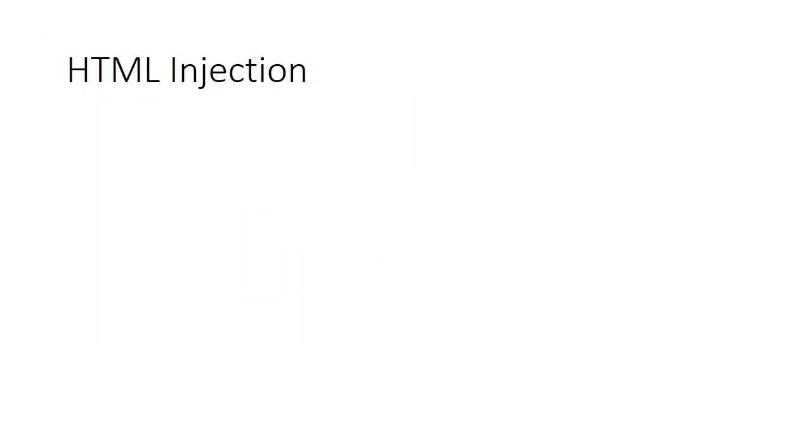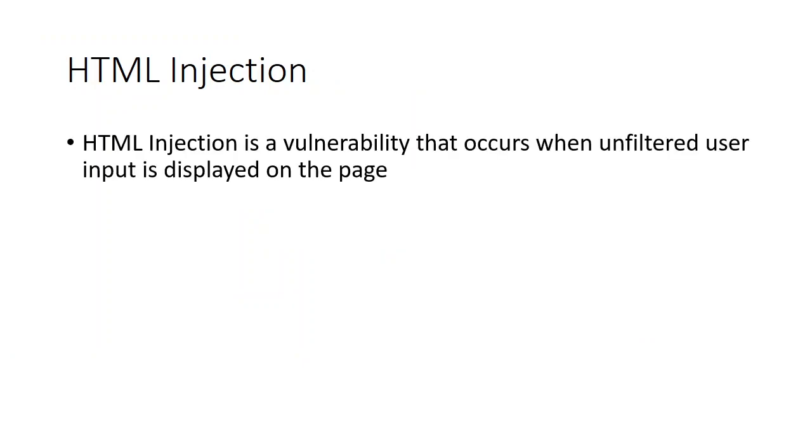The next part talks about HTML injection. HTML injection is a vulnerability that occurs when unfiltered user input is displayed on the page. If a website fails to sanitize users' input, like filter any malicious text that a user inputs into a website, and that input is used on the page, an attacker can inject HTML code into a vulnerable website.